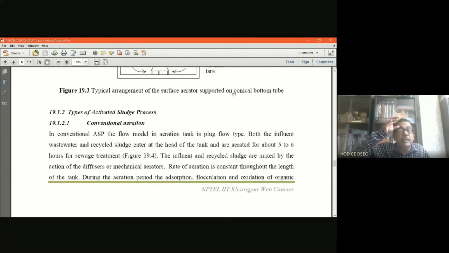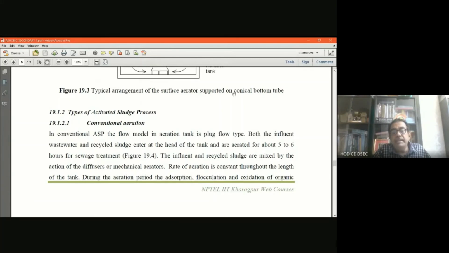Now, types of activated sludge process. Let me discuss in detail that biological process. In conventional ASP, that is the activated sludge process, the flow model is generally the plug flow type, because in this plug flow type, as I have told you, the influent wastewater and the recycled sludge enter at the head, that is at the inlet of the tank, and are aerated for about 5 to 6 hours for sewage treatment.